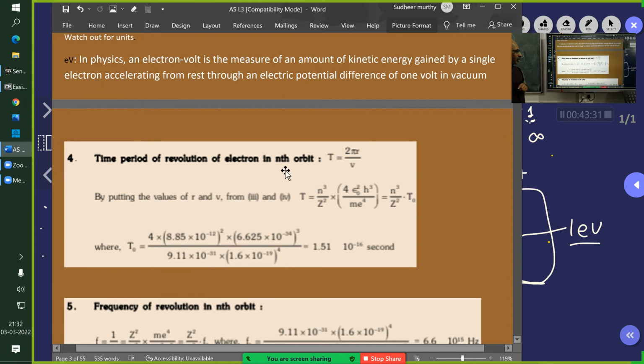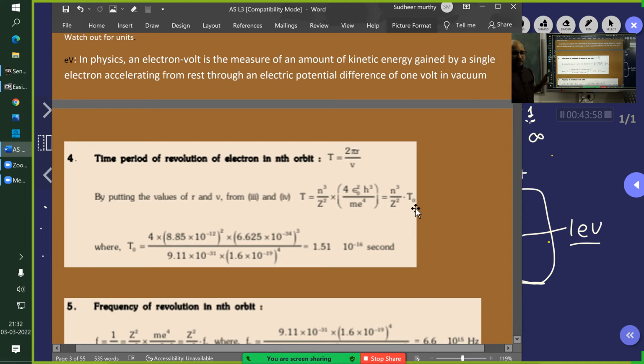Next comes the period of revolution of the electron. So T is equal to 2 pi r by V. Substitute the value of r and the value of V that you got from above, and then you will get this. T is equal to n cube by z square times T naught. I hope you are appreciating this. First we got V, proportional to n by z.